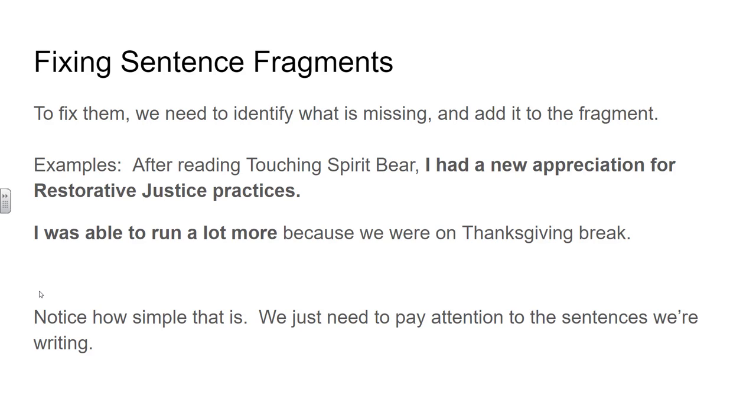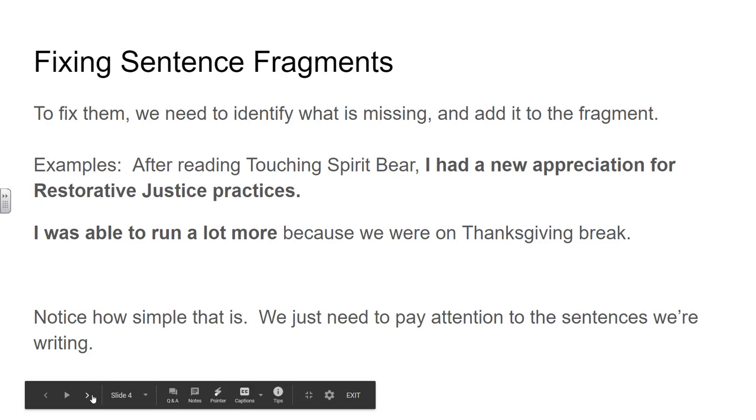The second one, I was able to run a lot more because we were on Thanksgiving break. Notice how I added that first independent clause, I was able to run a lot more. That turned that sentence fragment into a complete sentence. Notice again how simple that is. We just need to pay attention. We need to reread what we write.